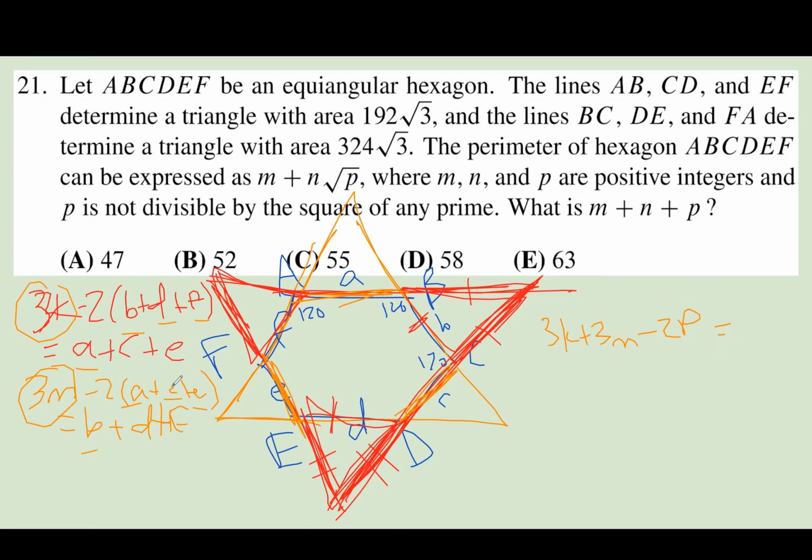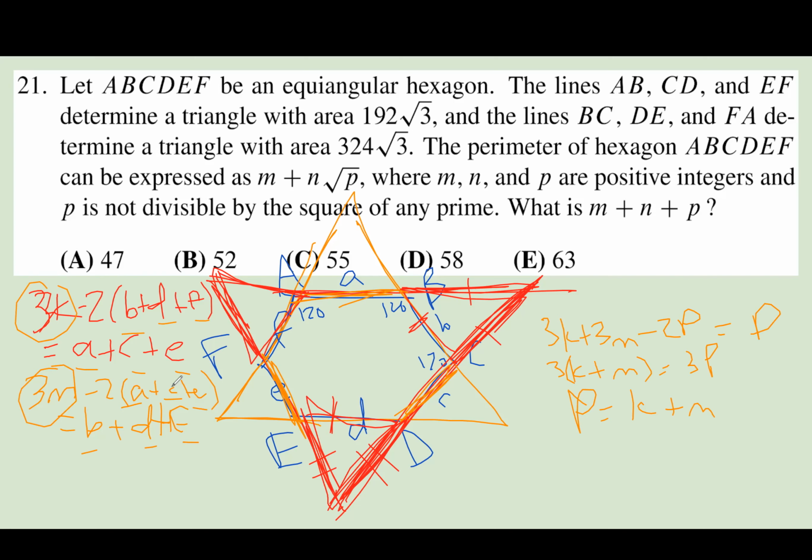Equals A plus B plus C plus D plus E plus F, the perimeter. So I have 3K plus 3M minus 2P equals P, or 3 times K plus M equals 3P, or P equals K plus M.